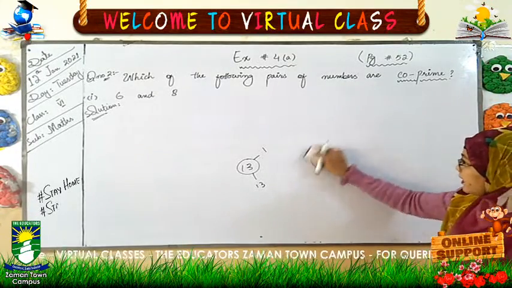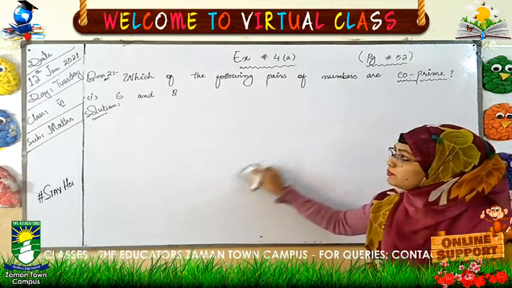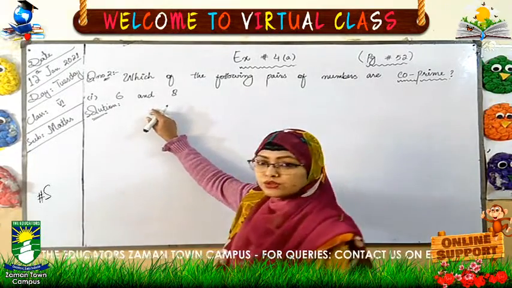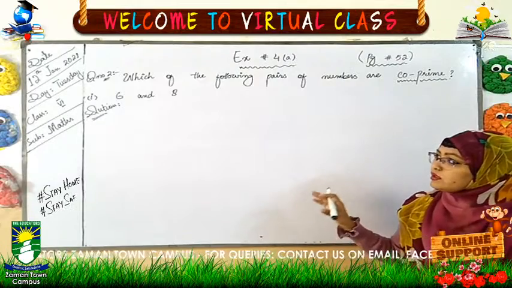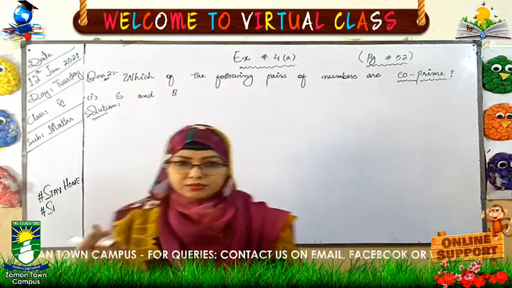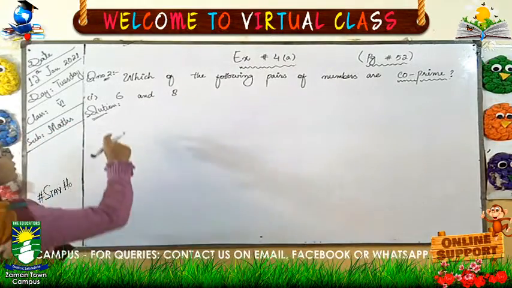Now, in each question we have a pair of numbers, and for every number we have to find the factors, that is, how many numbers we can use to divide it. How do we find the factors? First of all, the solution.